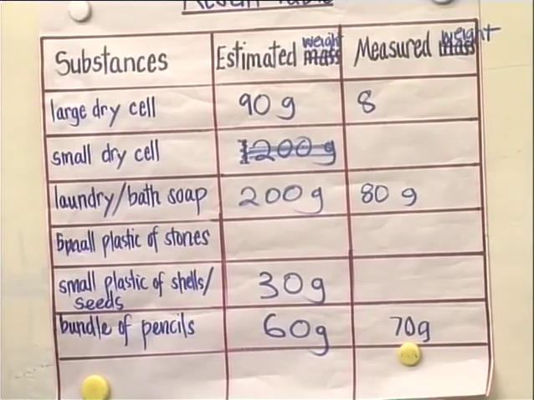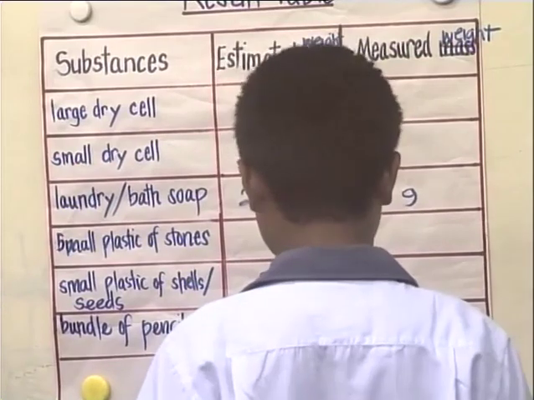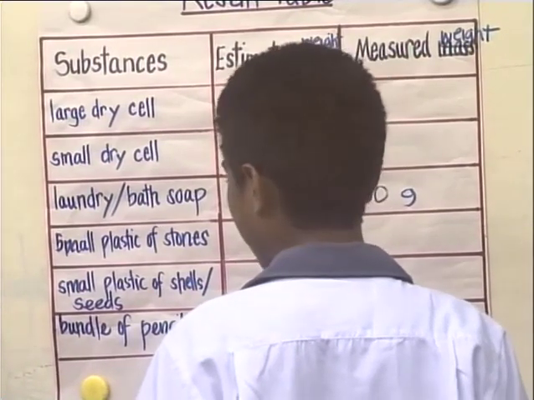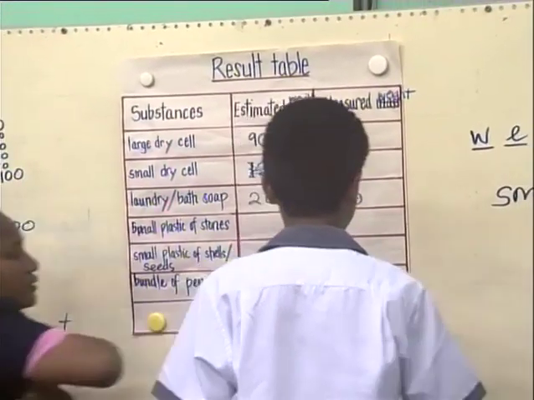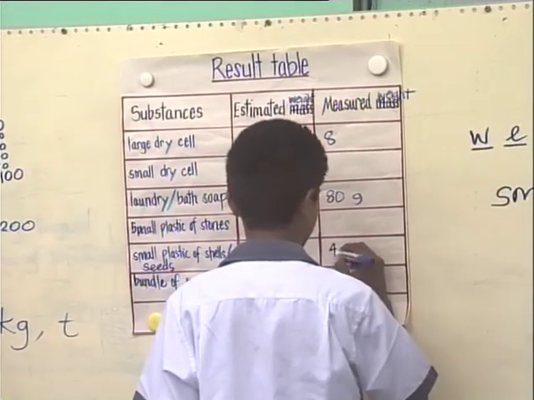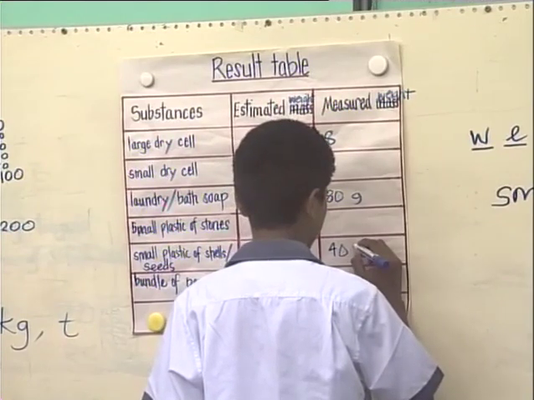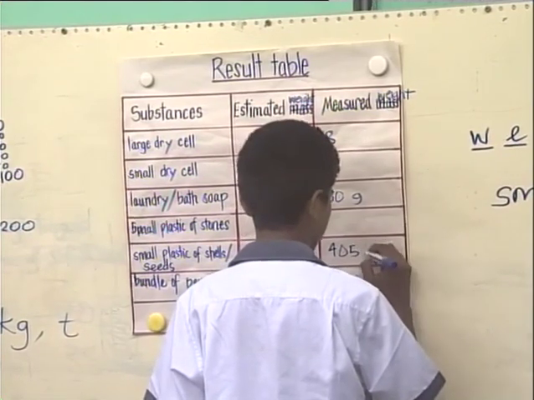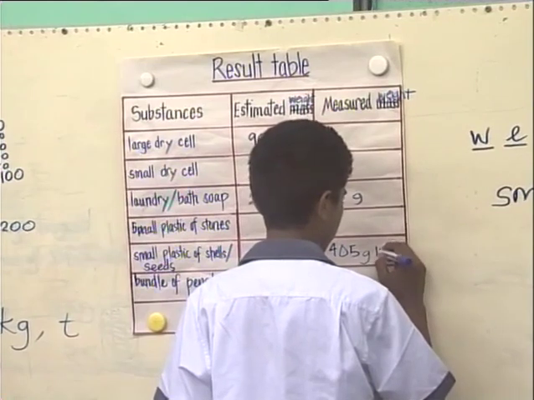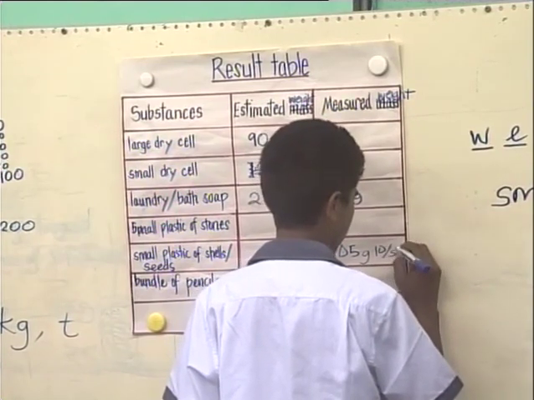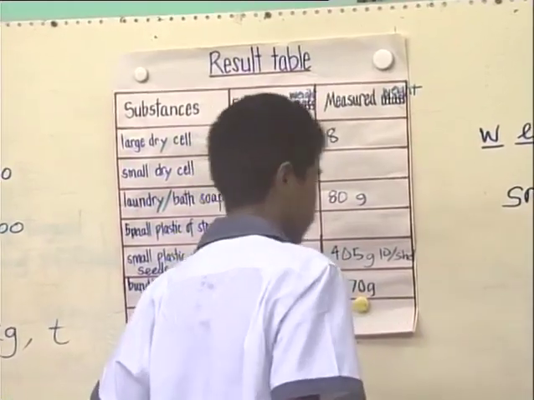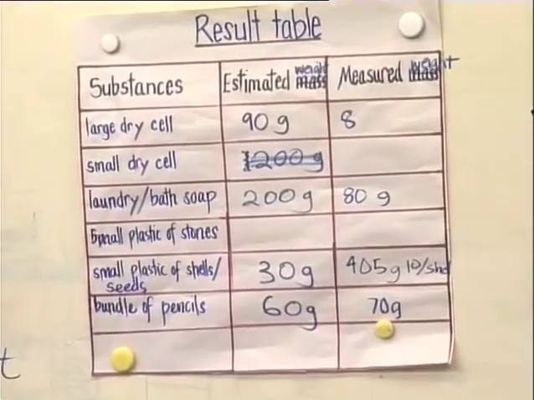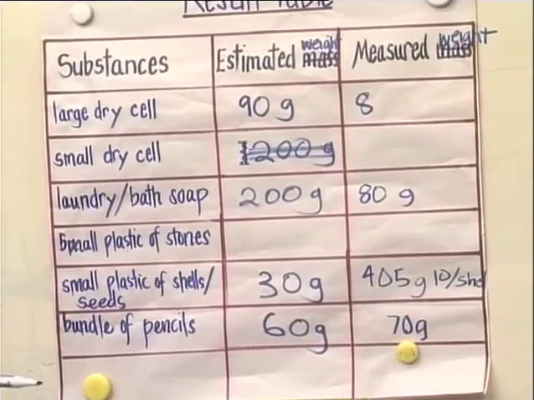This group, did you measure the weight of the shell? No. Just one, or 10. Okay, that's all right. You can write 10 here in brackets. Okay. Your group, come on quickly. Small dry cell.